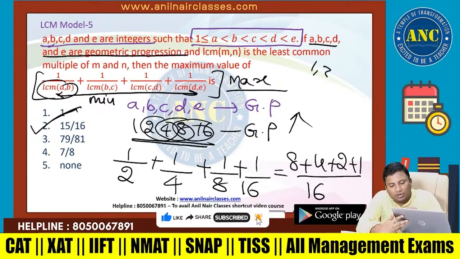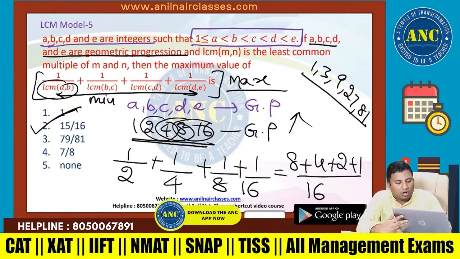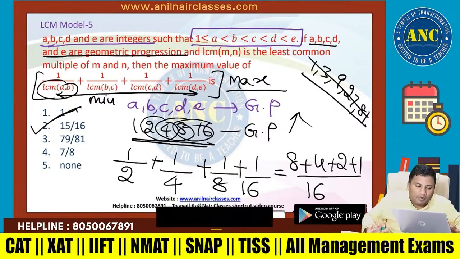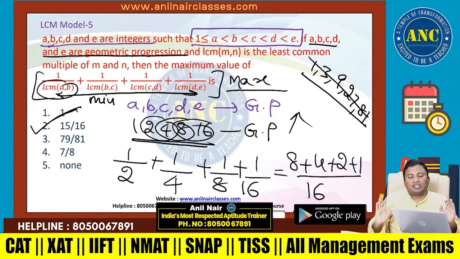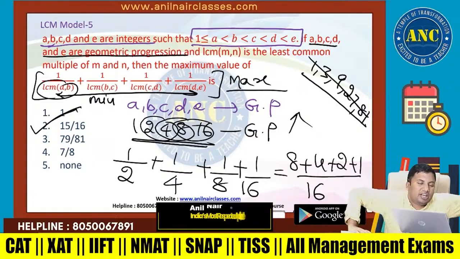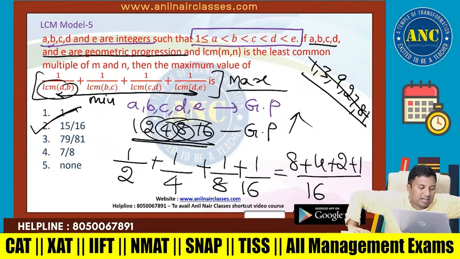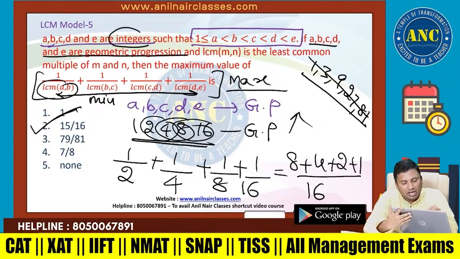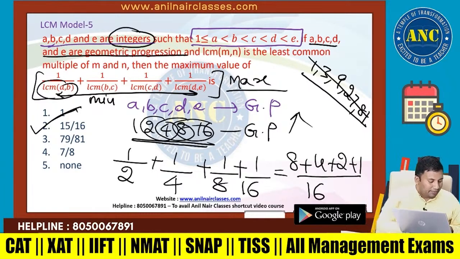If I take 139, 27, 81, the values are more, so I will not get the minimum value. That expression is maximum when the denominator is minimum. For the denominator to be minimum, the lowest GP series in integers is 1, 2, 4, 8, 16.